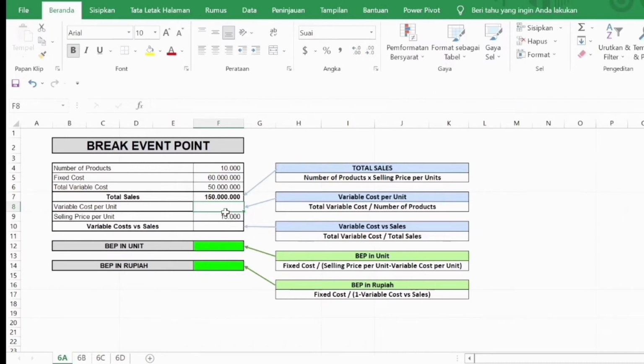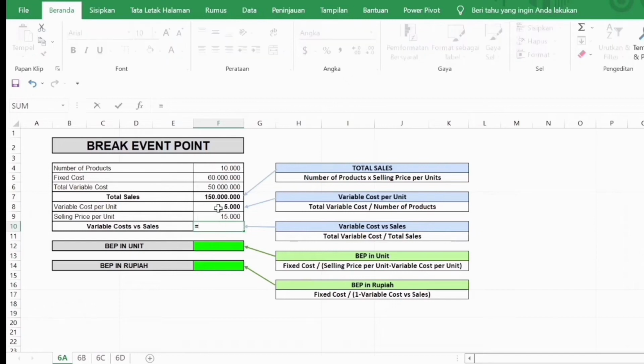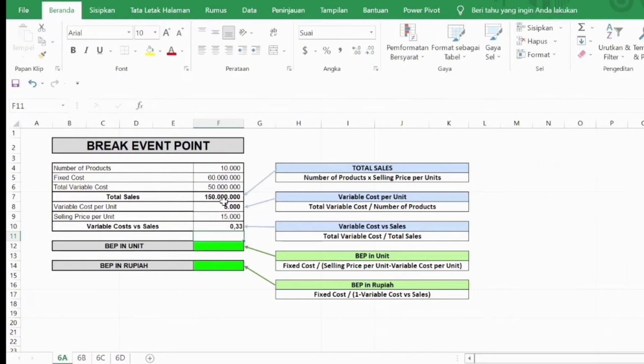Next is variable cost per unit, equal total variable cost divided by number of product. Enter. So next is variable cost versus sales, equal total variable cost divided by total sales. Enter.